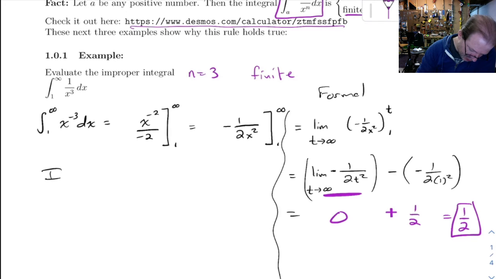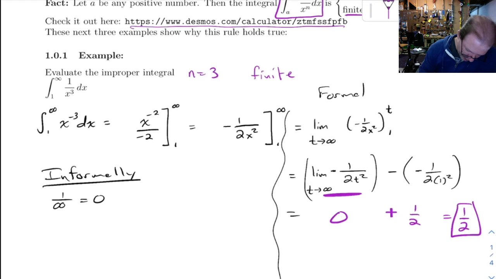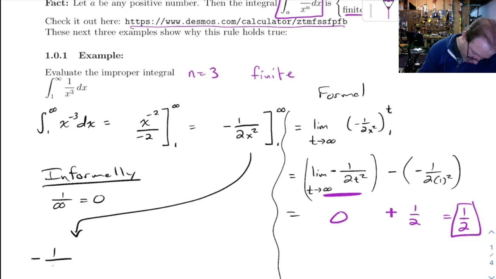But you can also do this informally. Informally, you can just plug in the infinity. Think of 1 over infinity equals 0. That's not formal, it's not rigorous, but it gets the job done. If we plug in our endpoints, we get -1 over 2 times infinity squared minus -1 over 2 times 1 squared.